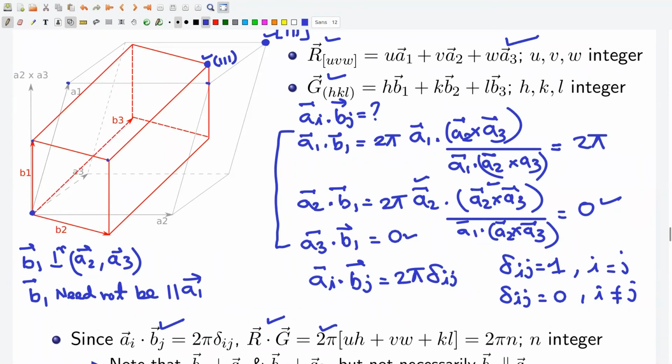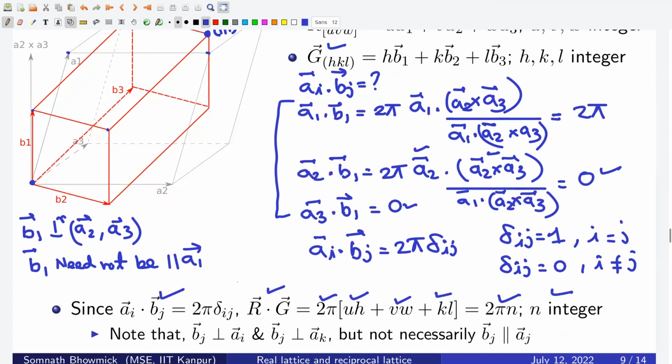So only the terms like A1 dot B1, A2 dot B2, and A3 dot B3 will be non-zero. The rest of the terms will be equal to 0, and they are given by u h plus v k plus w l. And since u, v, w and h, k, l are all integers, we get something like 2 pi n, where n is an integer.